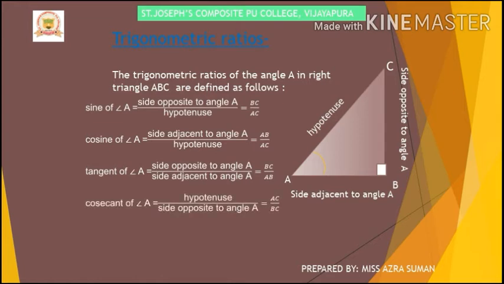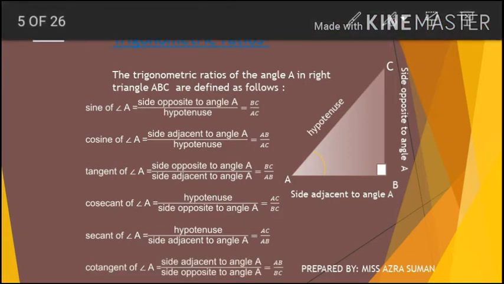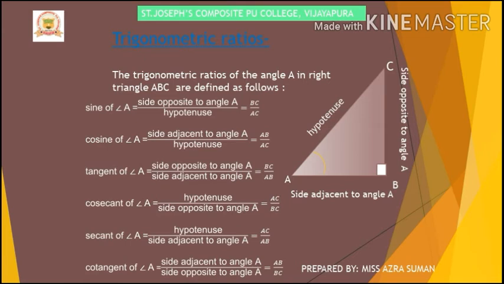Cosecant of angle A is equal to hypotenuse divided by side opposite to angle A, which is equal to AC divided by BC. Secant of angle A is equal to hypotenuse divided by side adjacent to angle A, which is equal to AC divided by AB.